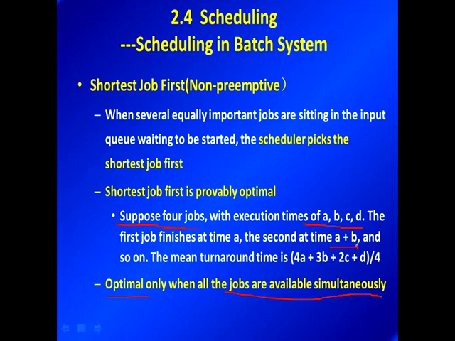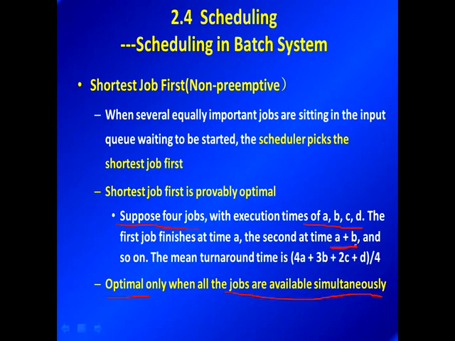We suppose these 4 jobs arrive at the system simultaneously. So the starting time of the turnaround time is 0, and the completion time for the first job is A, but the completion time for the second job should be A plus B, right?